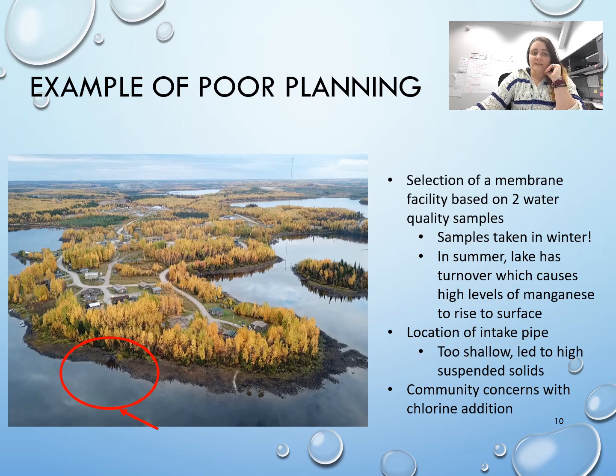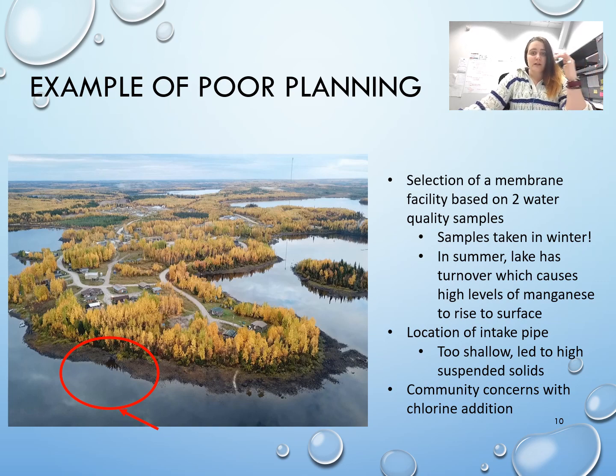The location of the intake pipe here is shown in red, and it was too shallow, which led to a high suspended solids concentration. So you can kind of see from this picture, there's a lot of murky, clayey soil here. You know, that's a lot looser in the summer than it is in the winter. And if you put your intake pipe deeper into the lake, you won't run into those issues with solids.